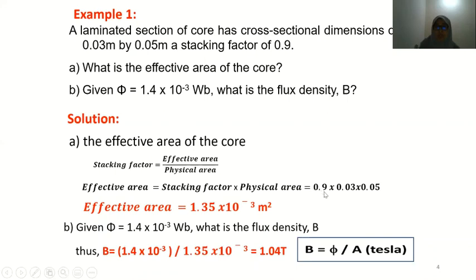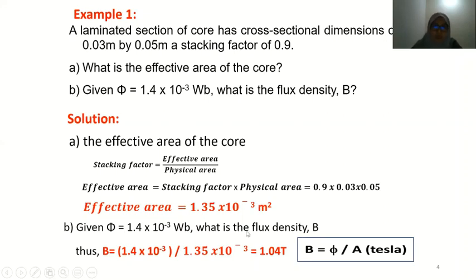The stacking factor is given as 0.9, and the physical area, the cross-sectional dimension of the core, gives you 0.03 times 0.05. The multiplication of these two gives you the effective area, which is equivalent to 1.35 times 10 to the power of minus 3 meters squared.